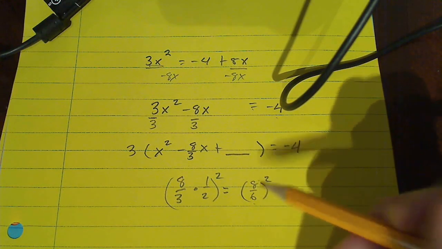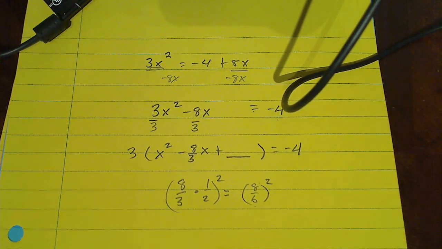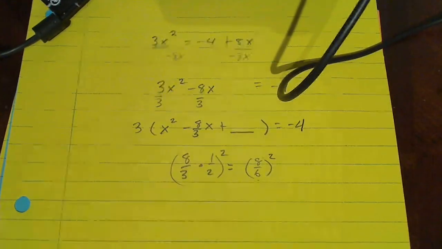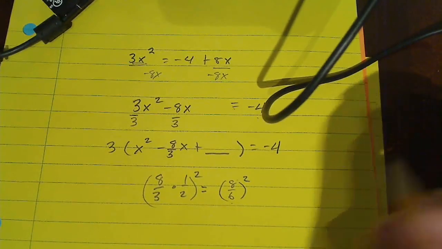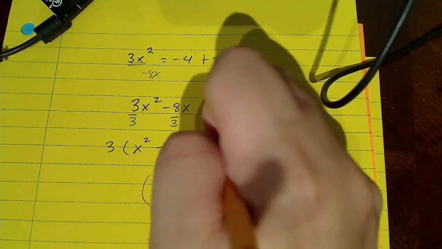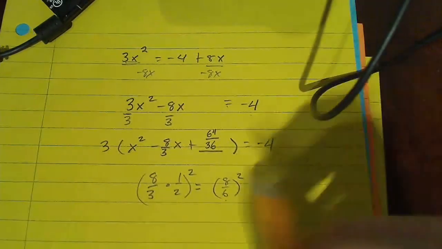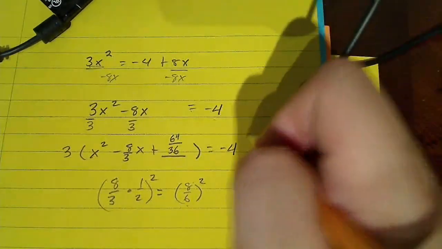I'm going to tell you, don't reduce anything until the very end. That's just to make sure everything stays nice and neat. That's my personal preference more than anything else. But anyway, that would be 64 over 36. And if you're not sure how to do 8 squared and 6 squared, just use a calculator.